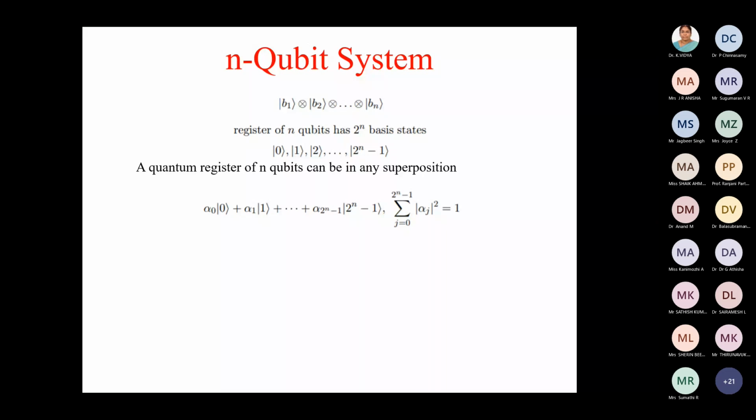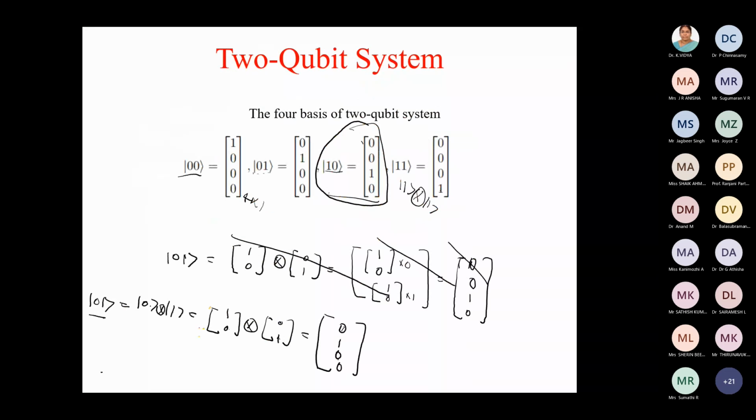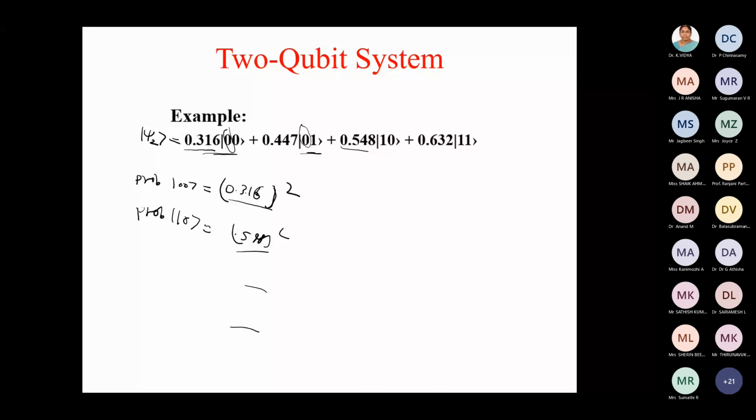For a 1-qubit system, we have understood that there are 2 basis states, 0 and 1. We can write them as 2 cross 1 column matrices, and we can generalize a single qubit state by a linear combination of them. A 2-qubit system you have already seen. There will be 4 basis states, and we can create any such states. Suppose my psi 2 is like this: 1 by root 2 times 1 0 plus 1 by root 2 times 0 1.